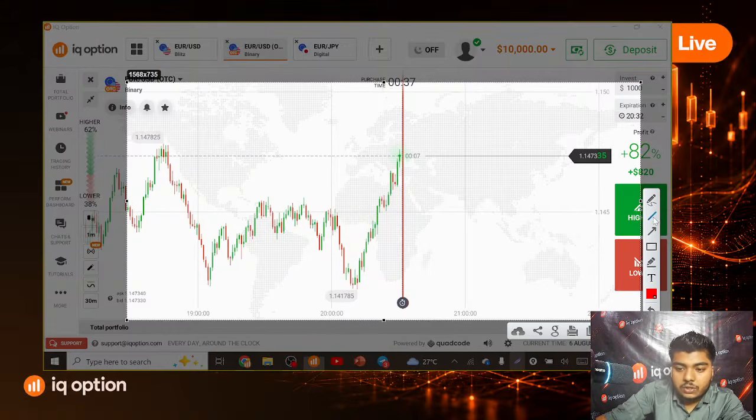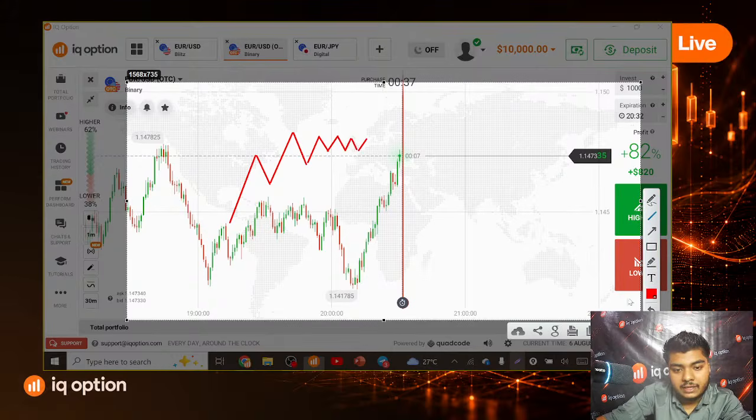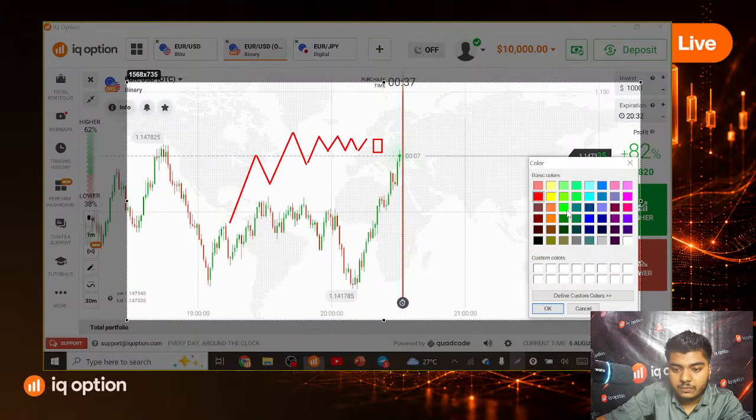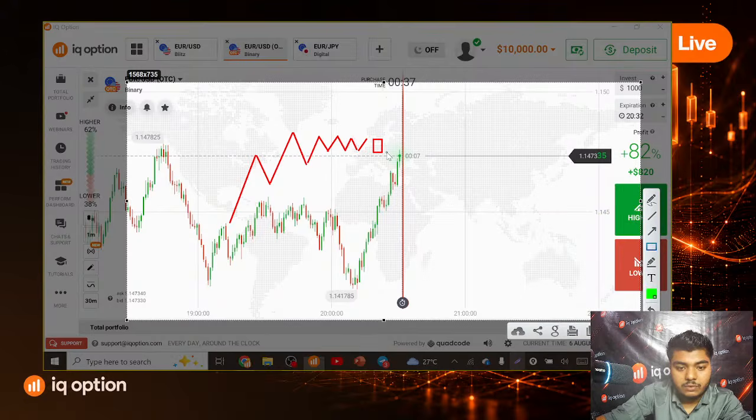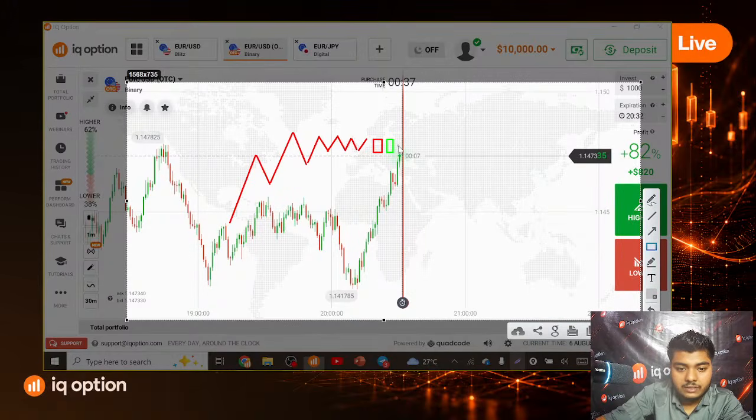Suppose the market is going in the upward direction like this, and you found a lot of candles like here. Okay, let me draw some candles here. A bearish candle, a bullish candle, and somehow you found a candle of indecision here like this one.